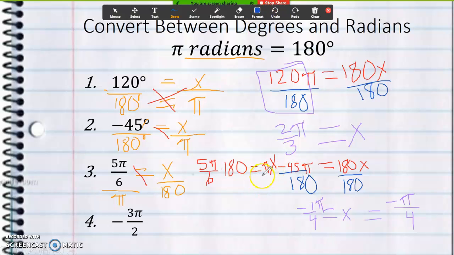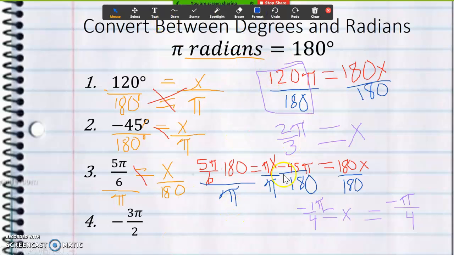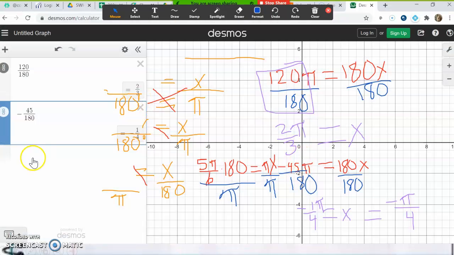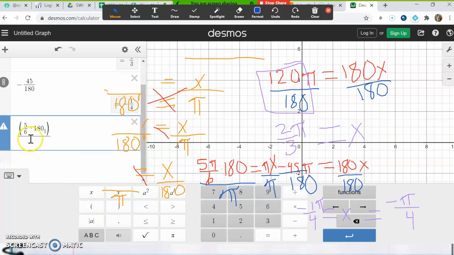Okay? Now we're going to get x by itself, so divide both sides by pi. And this time, we're going to just type in the number. So we have 5 divided by 6 times 180, and we're taking that and dividing it all by pi.